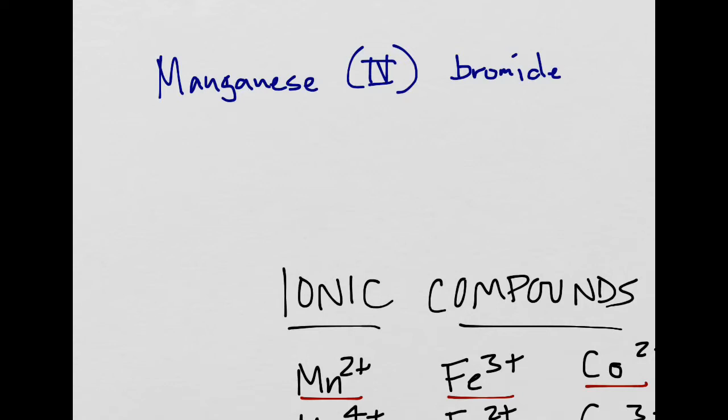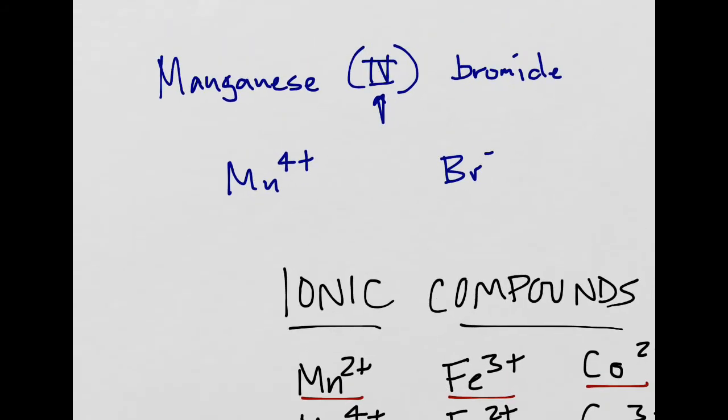Now, this has to clue you in right away. The 4 indicates that that's the actual charge associated with the atom, so you know that it's going to be Mn 4 plus. You also know that bromine is a halogen, so it's going to form a -1 ion, or bromide ion, so that'd be Br -1.